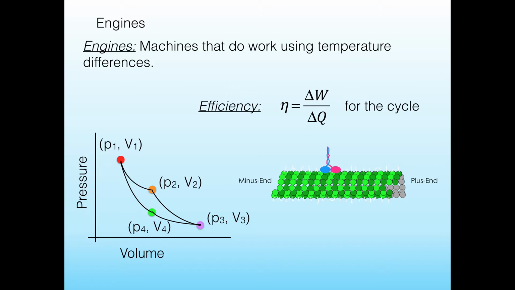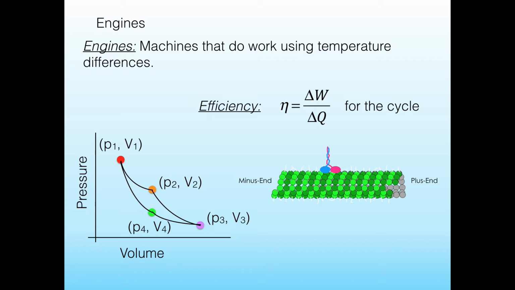And so we want delta W to be as high as possible and delta Q to be as low as possible. Of course, if you had a perfect engine that didn't dissipate any energy at all, which is impossible, you would get this efficiency equal to 1, which is 100% efficient. So the efficiency is in a percentage. The cycle I'm showing you over here, the Carnot cycle, actually has one of the highest efficiencies possible, but it's still nowhere close to 1. And you can calculate it. It's very straightforward.